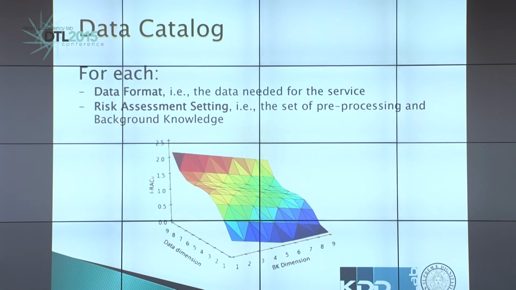With this information, we want to provide this catalog that can help the data provider to decide if the data are safe or not. So we have all the dimensions of the data and all the background knowledge, and we have on the z-axis the representation of the risk with this particular set of dimensions.